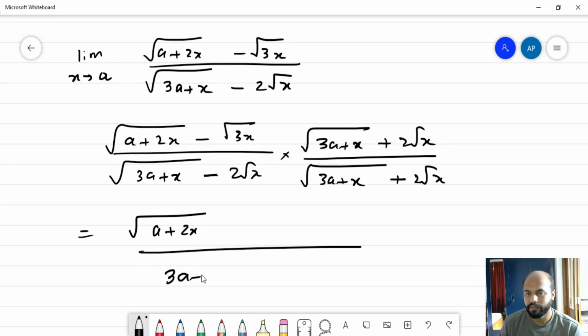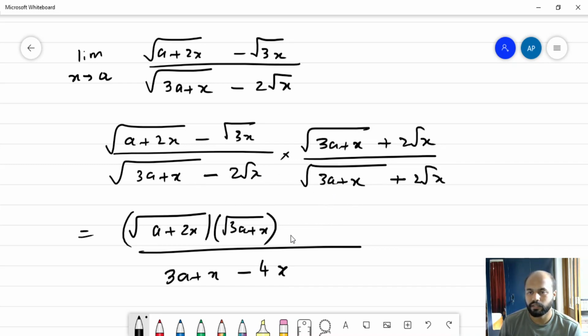That's going to be 3a plus x minus 4x. So we get something like 3a minus 3x. So this term into root over of 3a plus x.